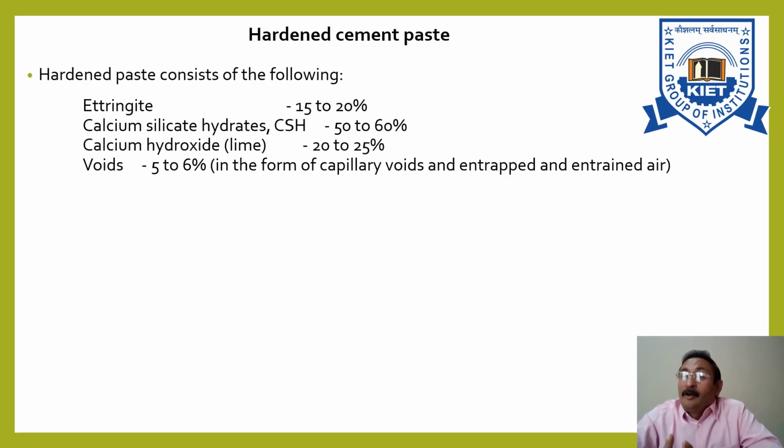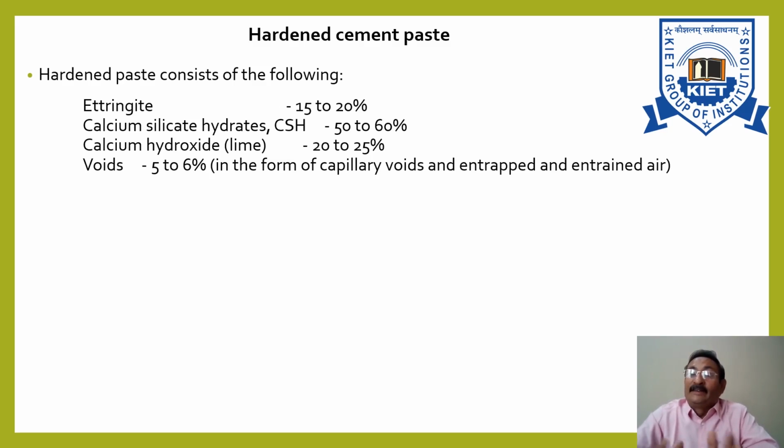So if the quantity of water is inadequate to fill the gel pores, formation of gel itself will stop, and there is no question of gel pores being present also. It means the quantity of water which we have to mix should be considered very carefully.